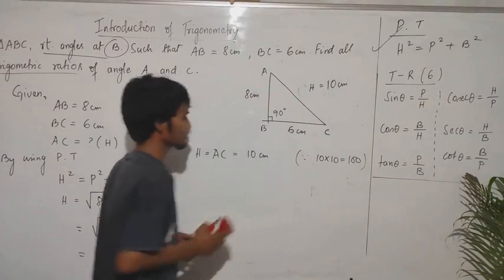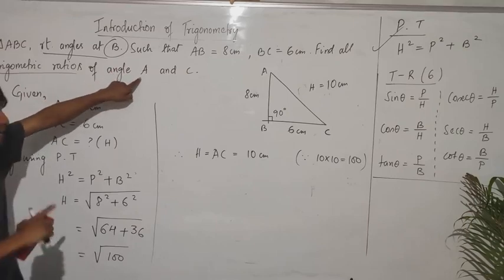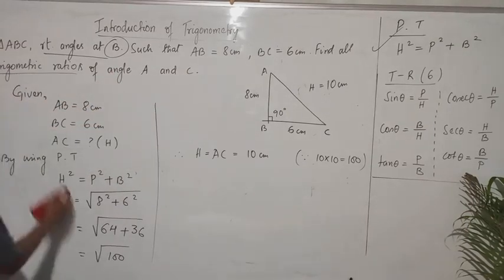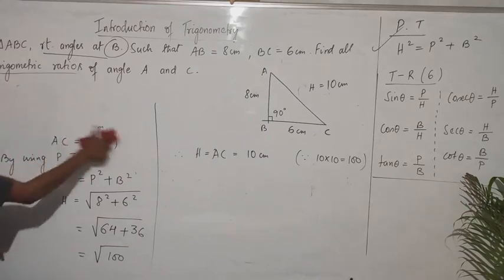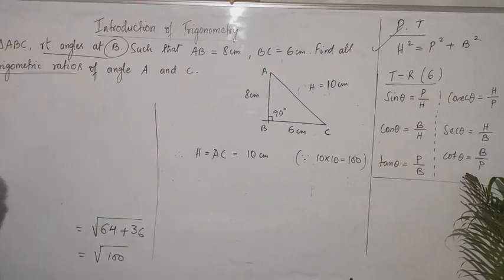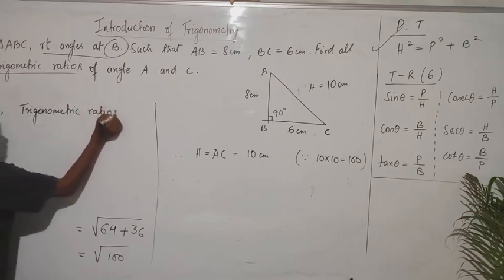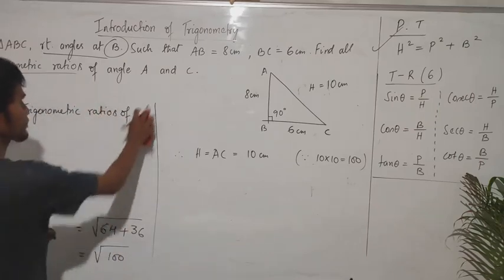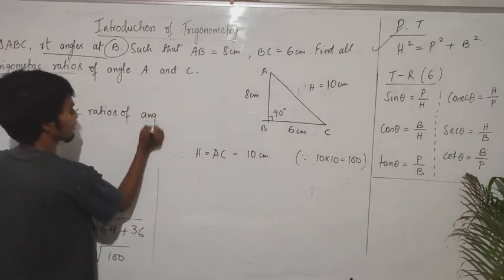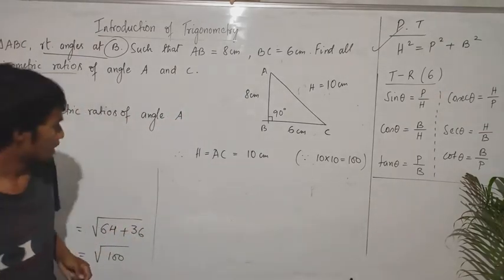Now first we'll start with respect to angle A. Then after that we'll go with respect to angle C. Now, trigonometric ratios of angle A. Okay, I'll draw all this.